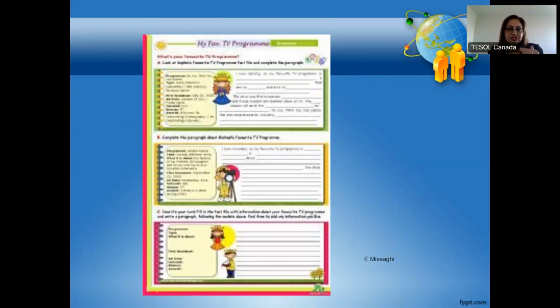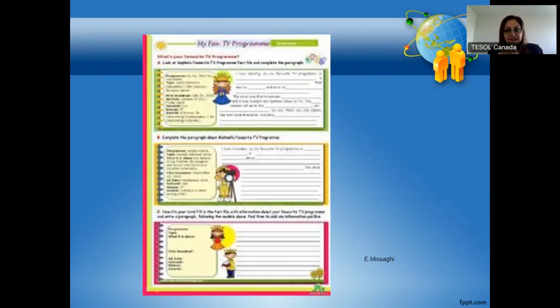A bit more challenging, a bit more difficult. They have some of the sentences and then they have to write the other sentences based on the information that they have on the left.